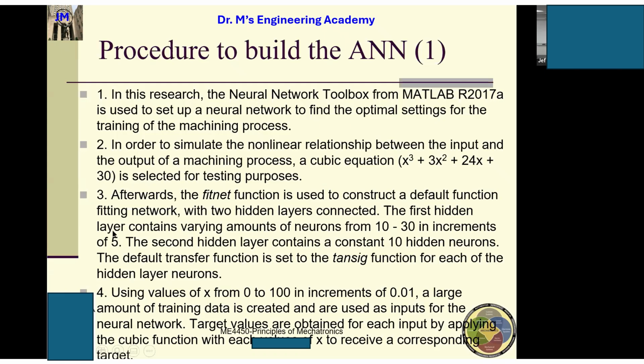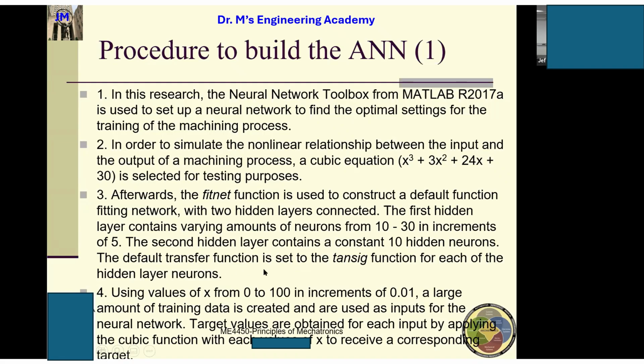The first hidden layer contains varying numbers of neurons from 10 to 30 in increments of 5, guys. I want you to listen carefully, okay? You need to know what I'm expecting you to do. Tomorrow, I just give you one example of how to build a model, but the following things you need to take care of. The second hidden layer contains a constant 10 hidden neurons.